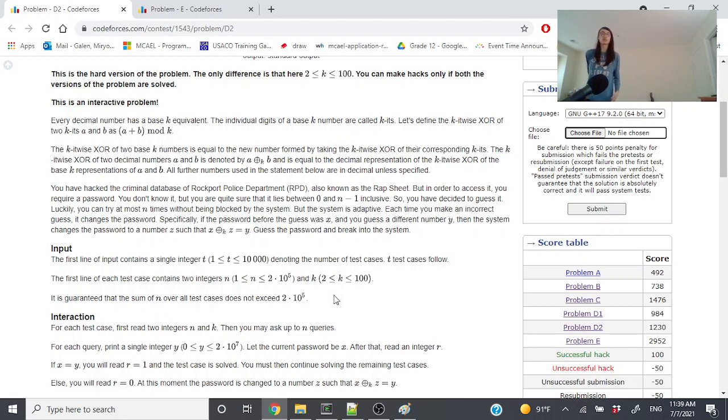Because k is at most 100, we could theoretically just iterate over every value and see how it would change. I guess that would work.